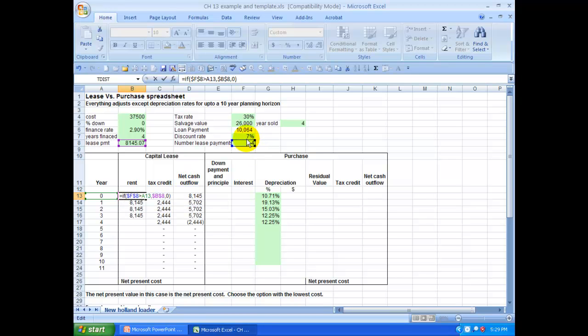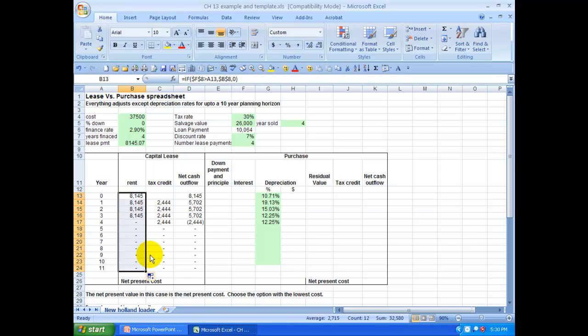So if the number of lease payments is bigger than the year, then do our lease payment, else put in a 0. And now drag that all the way down, and you'll see that it's there.